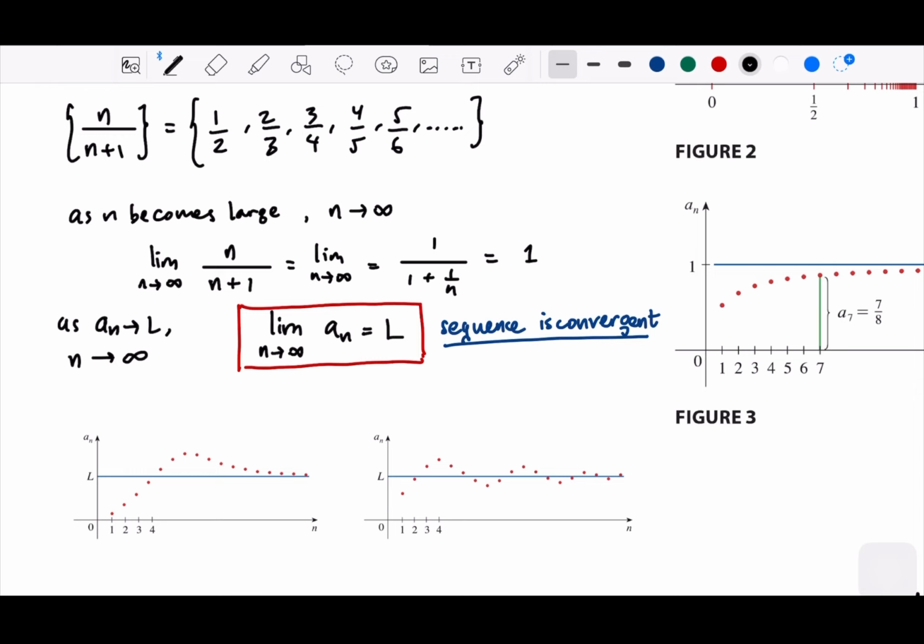And some other terms will go up and down, but their amplitude is getting smaller, and they're getting to one consistent value. Because of this, it can also be considered a convergent sequence.